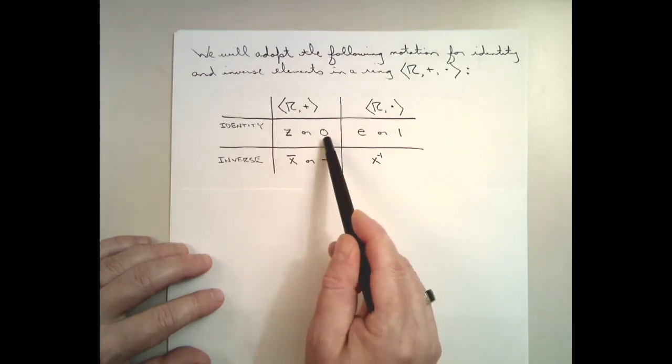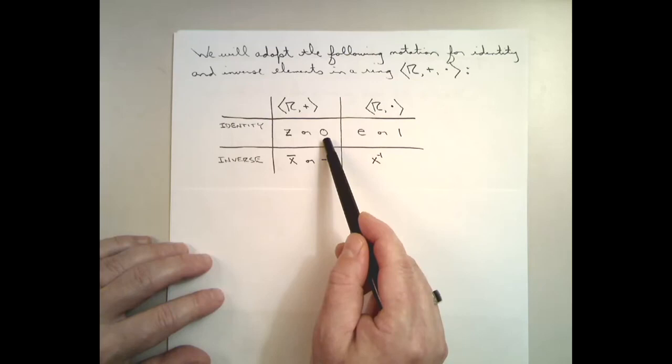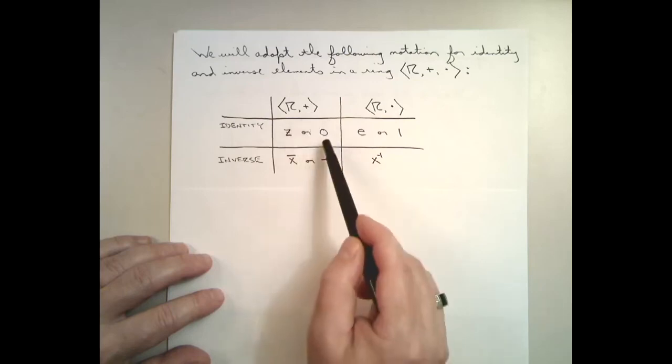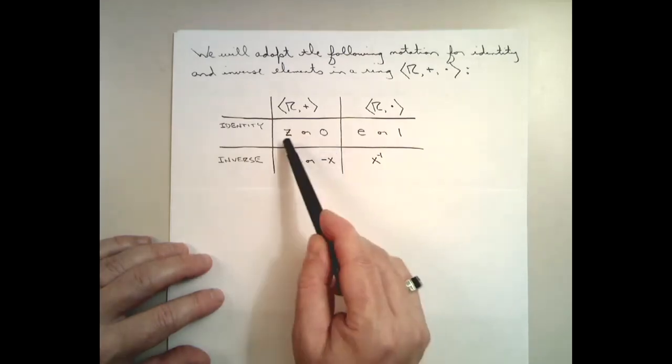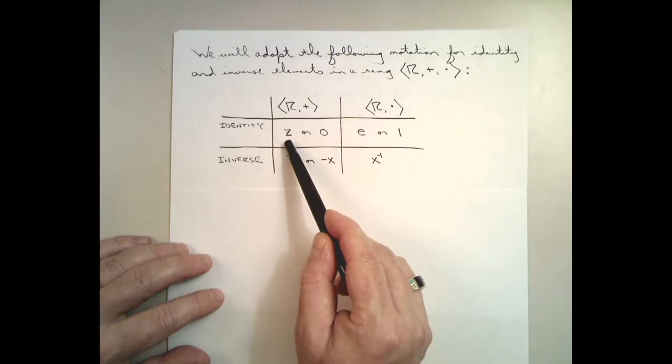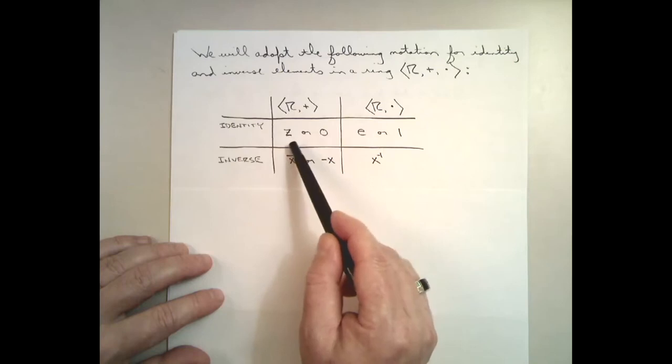That's what we commonly use, after all, if I talk about the additive identity in the real numbers, that's the symbol I use. And so often that's the symbol that's simply adopted no matter what structure we're looking at, if we are considering the additive operation on that set. But sometimes I like to use Z as well, so that, well, frankly, so that the statement doesn't look too obvious.